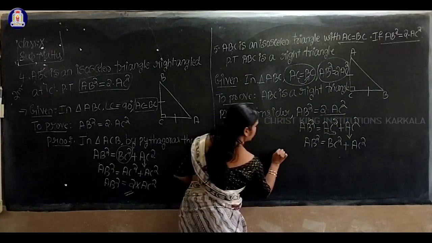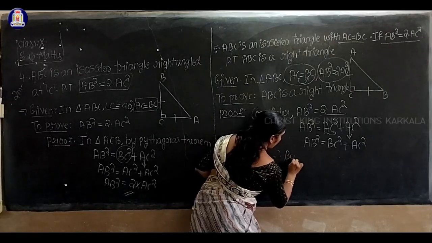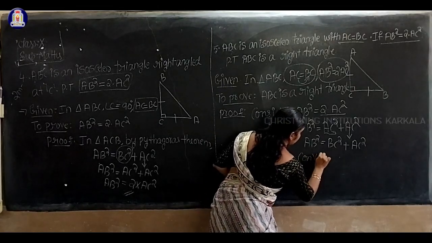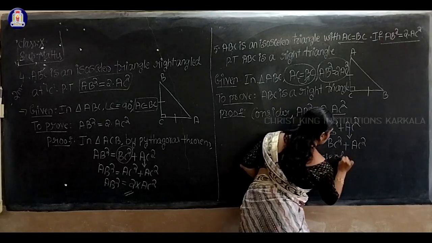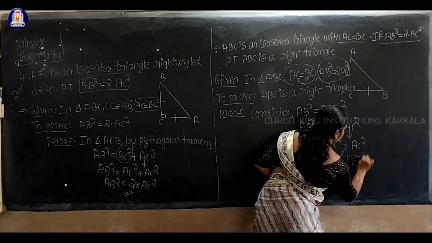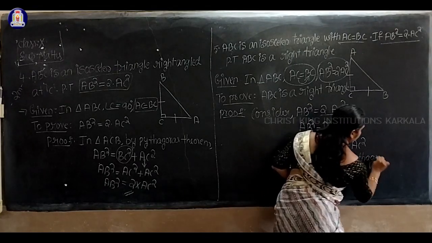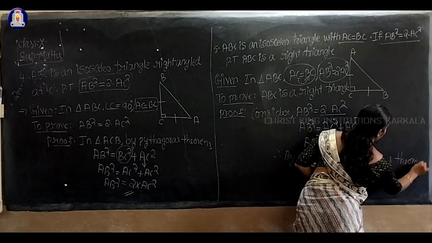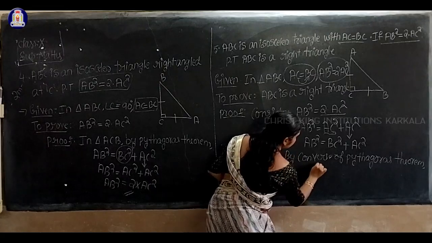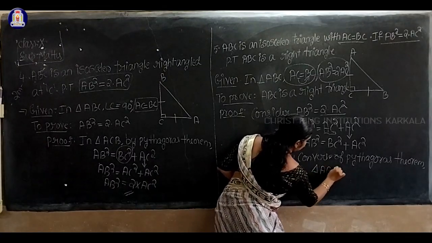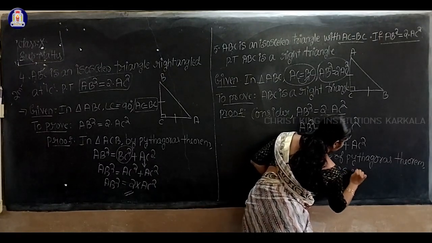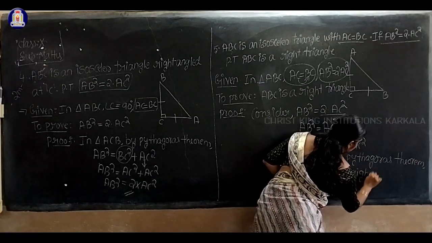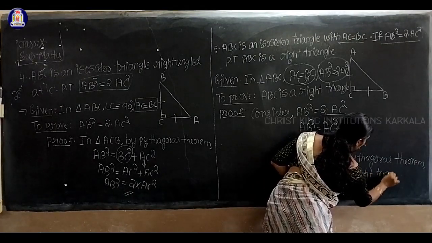So by converse of Pythagoras theorem, I can say that triangle ABC is a right triangle.